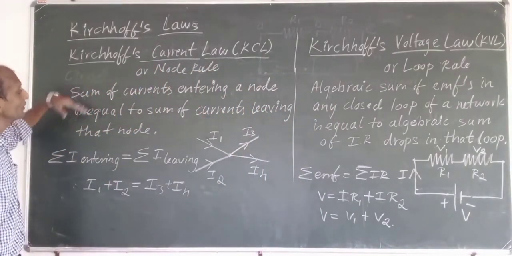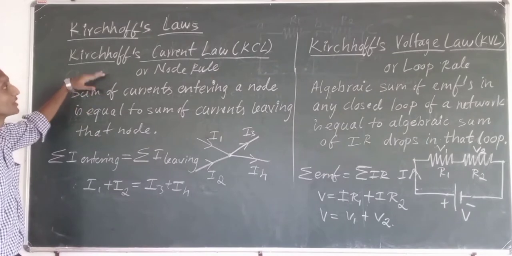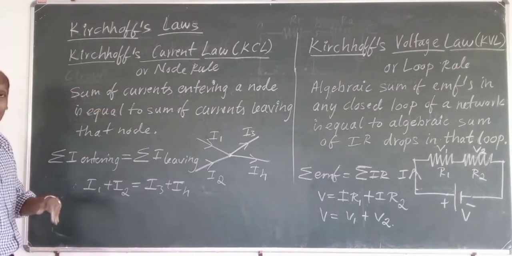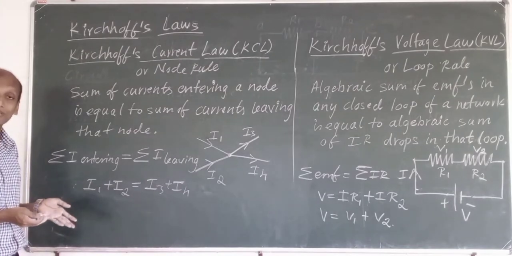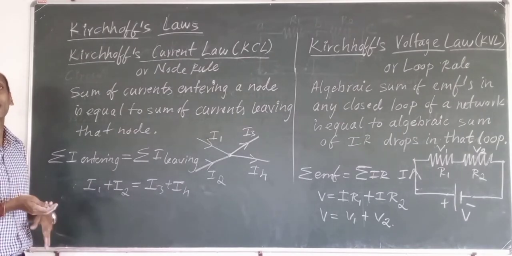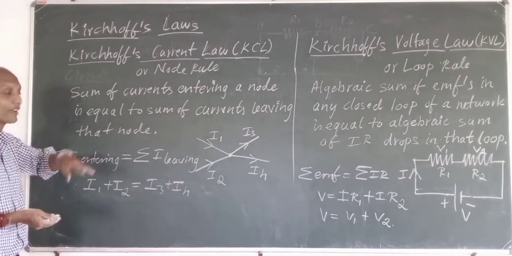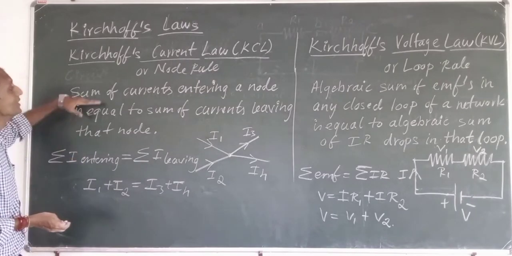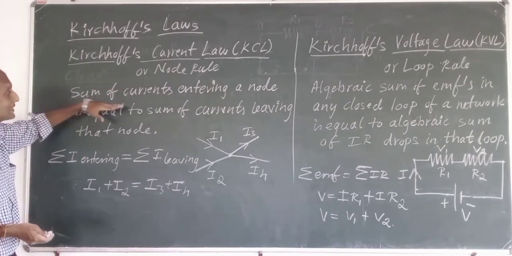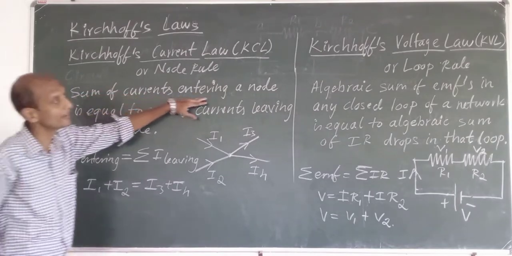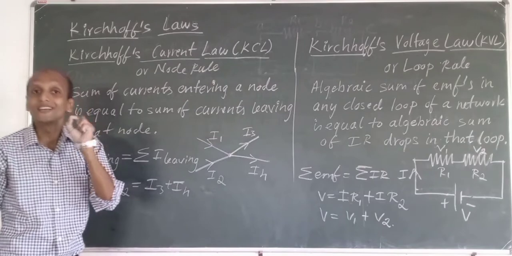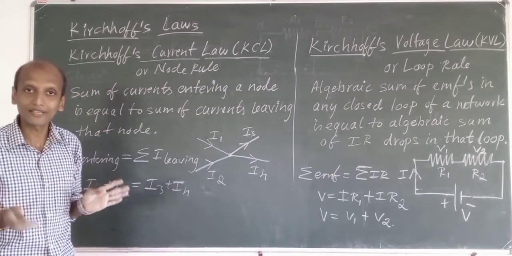Now we will come to the statement of Kirchhoff's current law. Kirchhoff's current law, KCL or node rule, says the sum of currents entering the node. A node is a point where the current divides or combines.